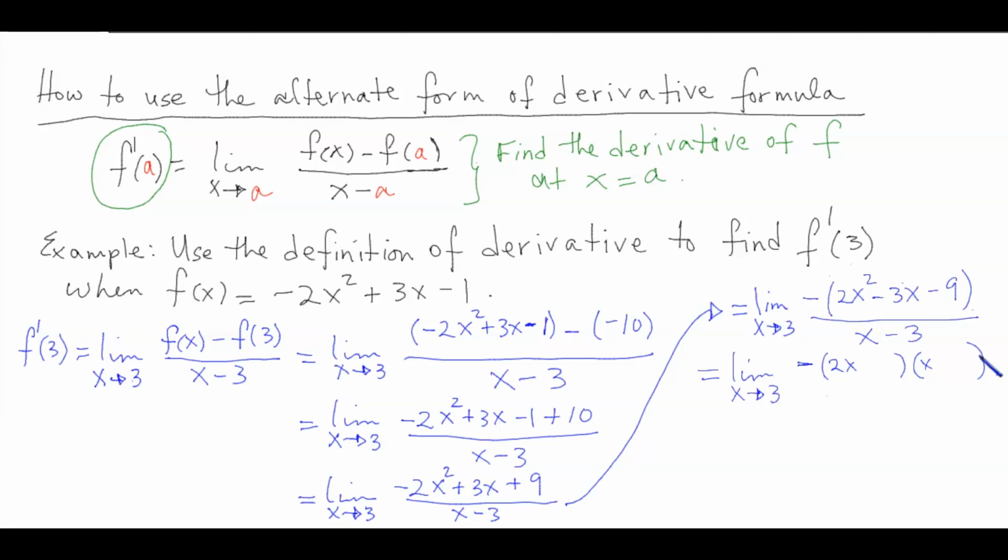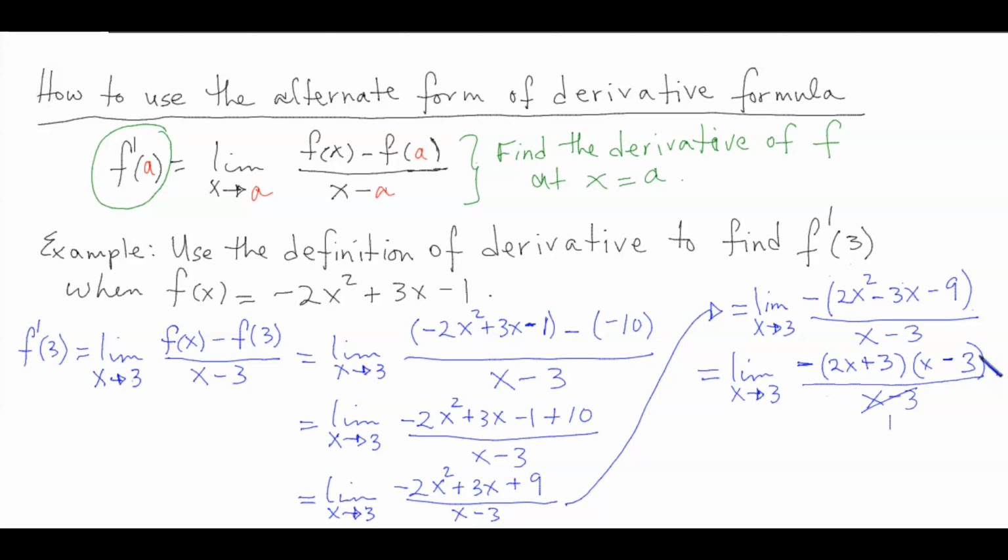I'm trying to find factors of 9 so that when I combine my outer terms and my inner terms, I can get that negative 3x in the middle. If I put a 3 here and a 3 here, and maybe put a negative here and a plus there, if I multiply that back out, I get 2x squared minus 6x plus 3x. That minus 6 plus 3 is going to give me a negative 3x in the middle.